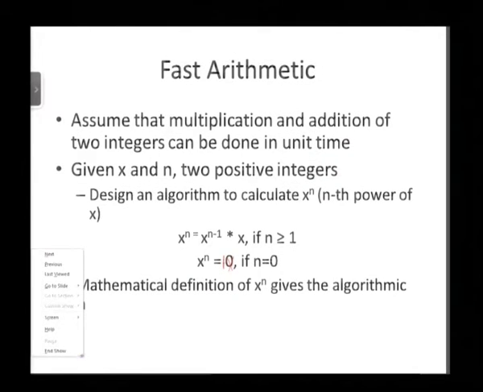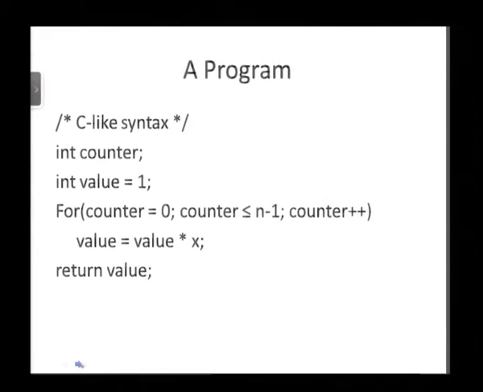We can use a counter control loop, as in this case where we use an almost C like syntax, where you see a variable called counter which is of integer type, and we initialize the variable value to contain the value 1, and then here is a loop which has an initial value which sets counter to be equal to 0 and runs for n iterations.